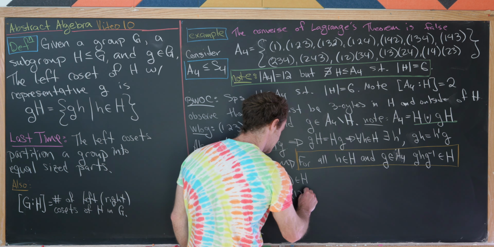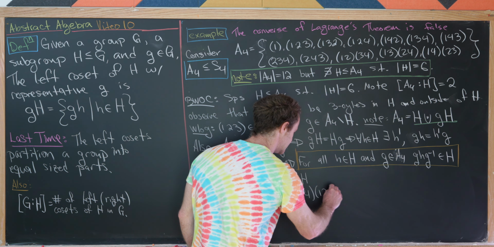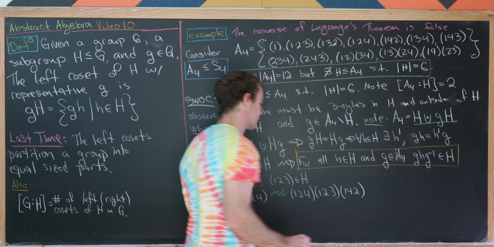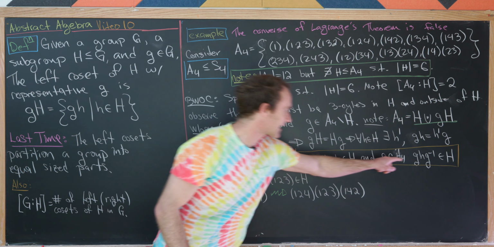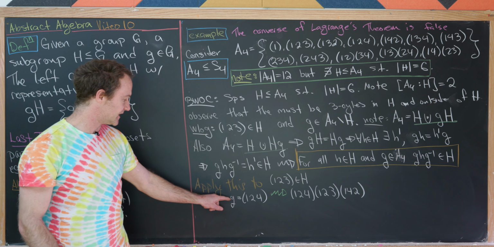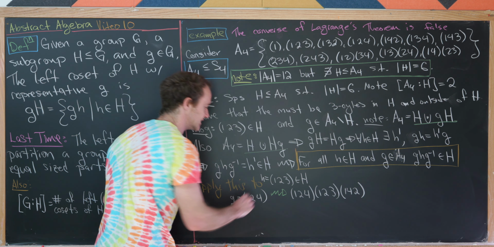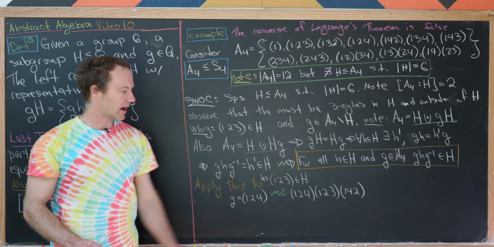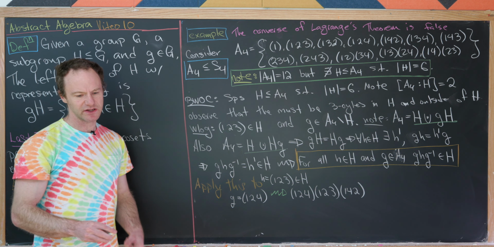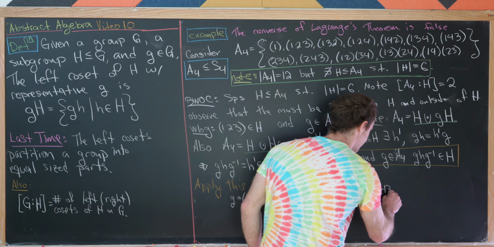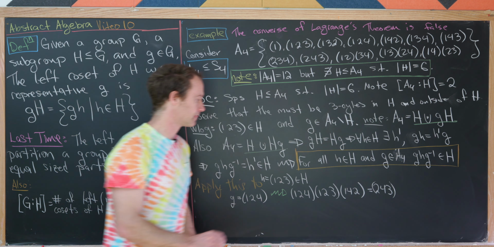So we have (1 2 4)(1 2 3) and then (1 2 4) inverse, which is (1 4 2). So that's exactly this action right here with this choice of G and this H in H. So let's call this H. But now if we do that calculation, I'll let you do it super carefully, but what you'll get is (2 4 3).